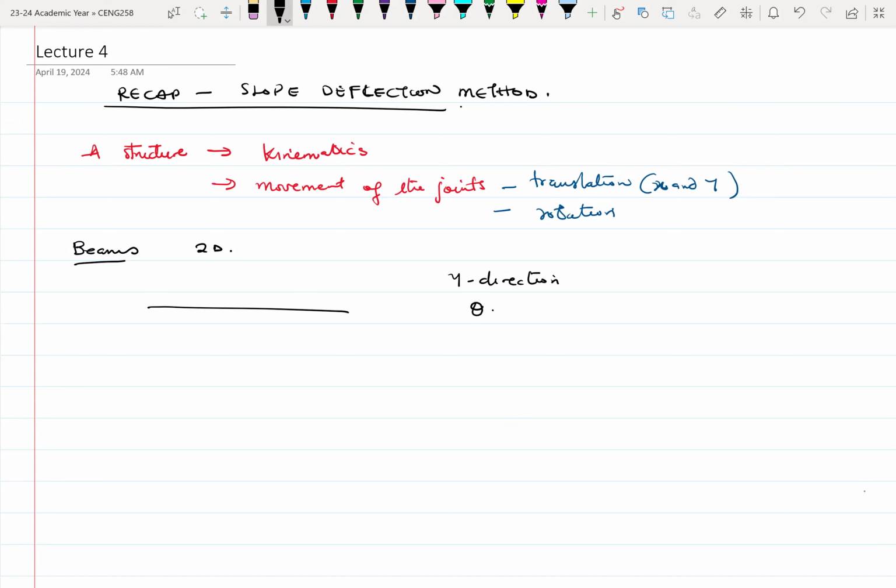The X direction is assumed to be non-existent because we are making the assumption that there's no axial deformation, right? Even though it happens, even though there'll be some bit of elongation and contraction of the structure, we usually neglect that because it is very small as compared to the downward movement of the structure.